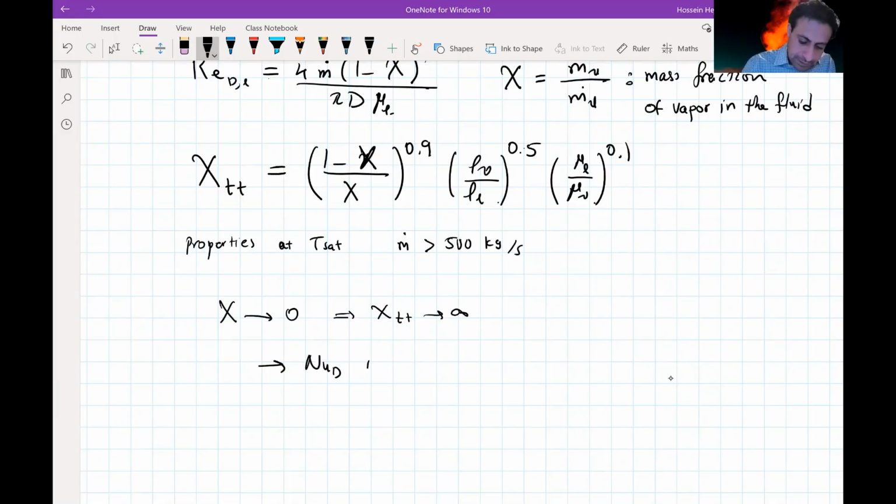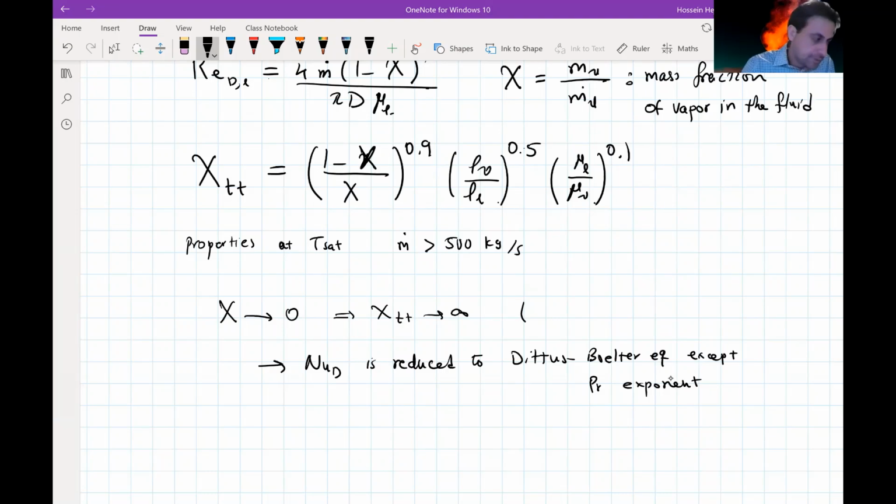Nusselt number of D is reduced to this Dittus-Boelter equation, except for the Prandtl exponent.